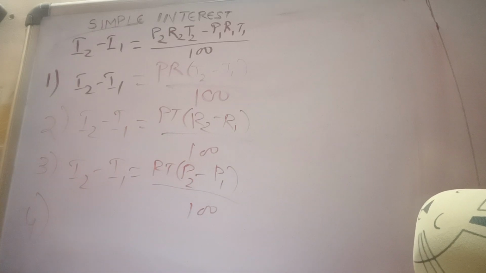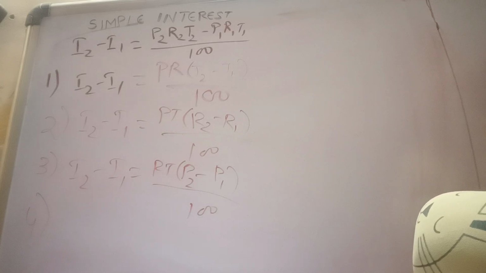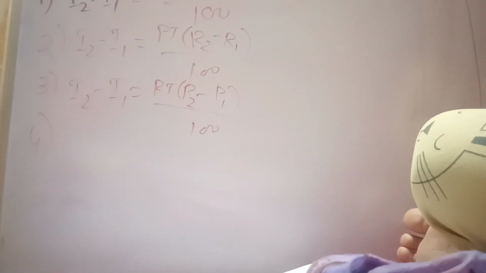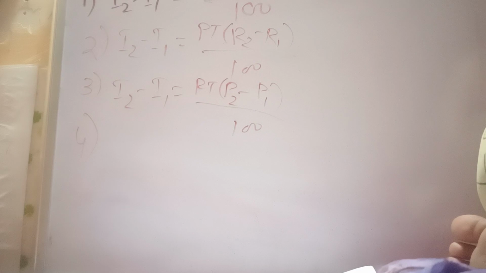Fourth rule, when only one parameter remains constant and the remaining are variable, then there are three rules. Let's see.